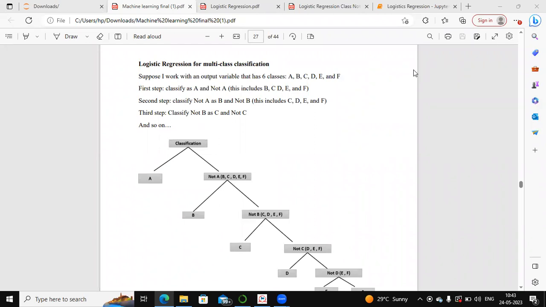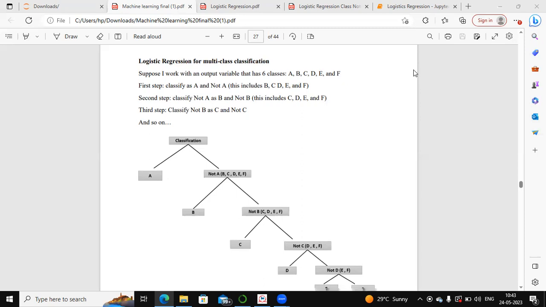Suppose we work with an output variable that has 6 classes, let's say A, B, C, D, E, and F. First step is to classify as A and not A, where not A includes B, C, D, E, and F. Then not A will be classified as B and not B, and next, C and not C. This is how multi-class classification of logistic regression happens.